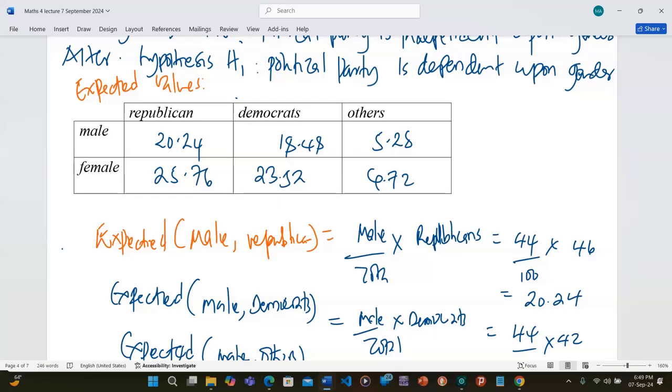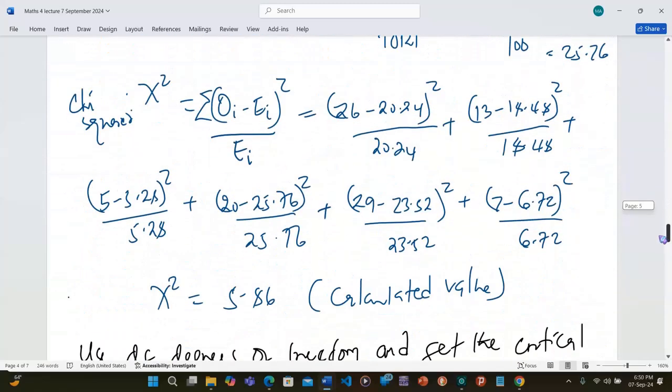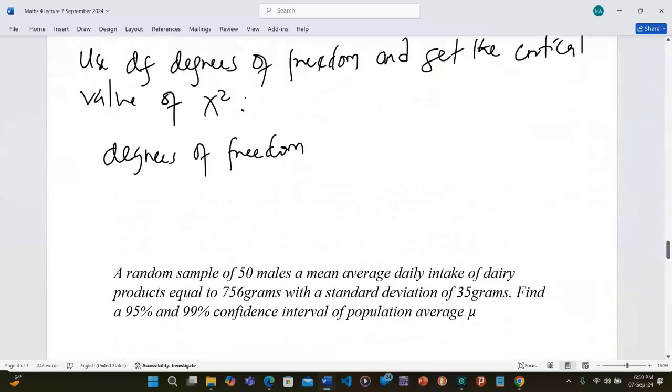Those are 3. So 3 minus 1, that would give you 2. But now these ones, you have rows, you have columns. You have observations, but you also have the different categories for male and for female. So what we do for this kind of problem, this is how we get the degrees of freedom.